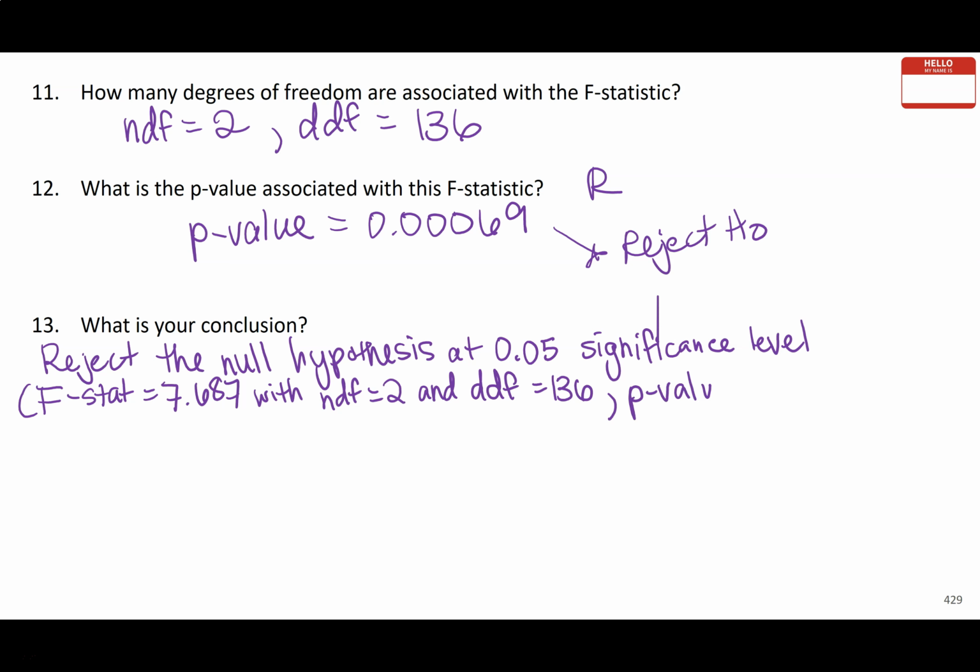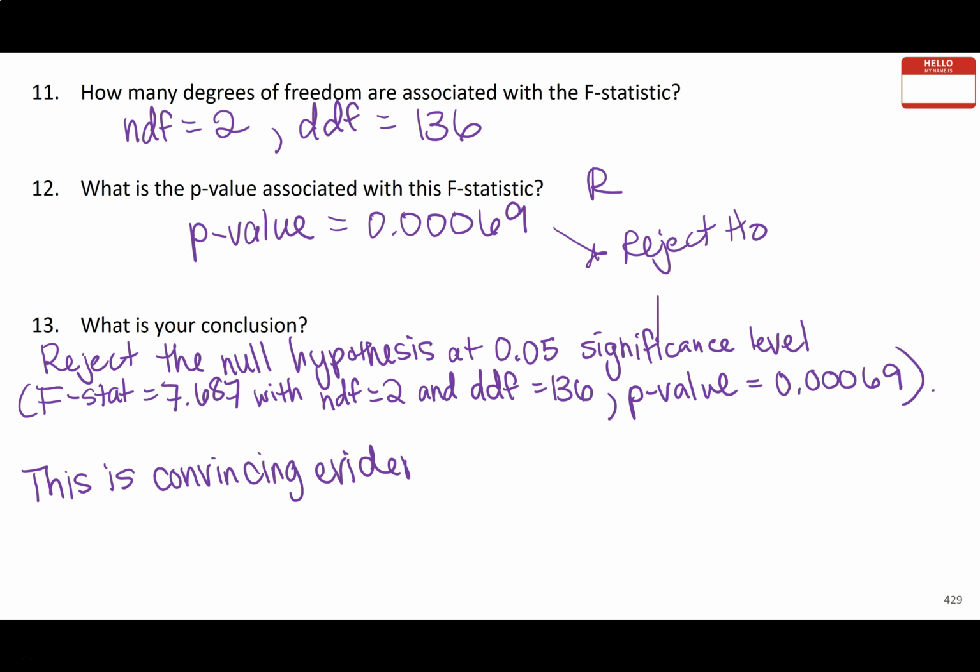P-value equal to 0.00069. And then I would say this is very strong evidence, or this is convincing evidence. And this is that part that I said, hey, hold on to how to write the alternative in words, we're really just going to take that alternative in words and stick it right here.